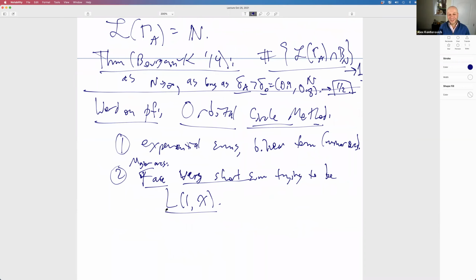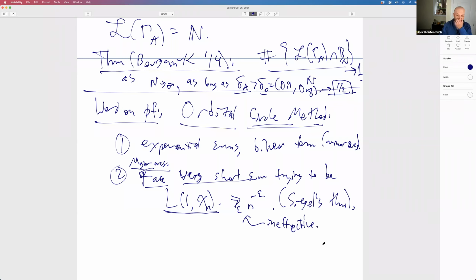The other thing is these L(1, chi)'s: the major arc is supposed to be the main term, so if this has conductor, let's call it n, we need lower bounds for this L-function of order n to the minus epsilon, which we get from Siegel's theorem, which would make this bound ineffective. I didn't mention effectivity, but our result actually is effective. So why did I not mention GRH and ineffectivity?